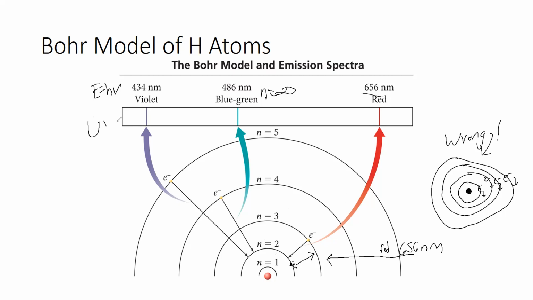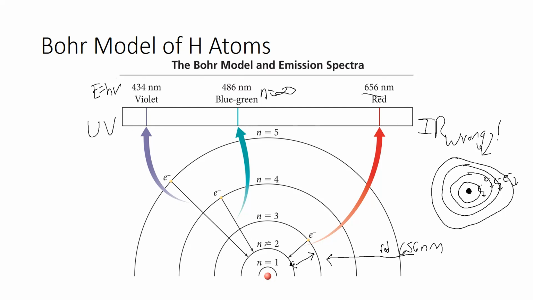So here's UV light, here's IR. UV light is the light that gives you sunburn. It has a lot of energy. IR light, infrared light, is heat, right? It's the heat that comes off your body. That has much lower energy. So purple light actually has more energy than red light.